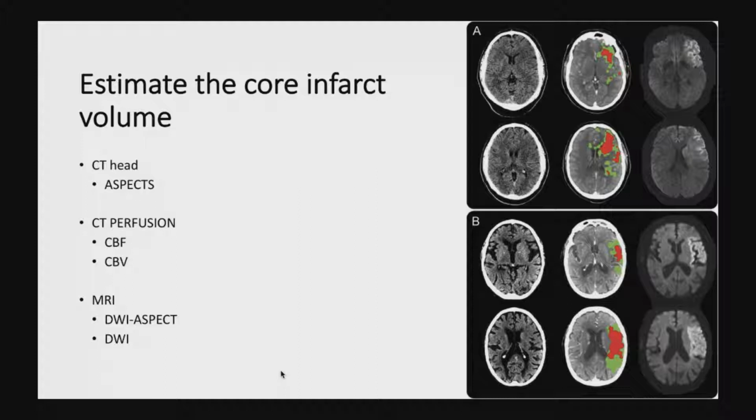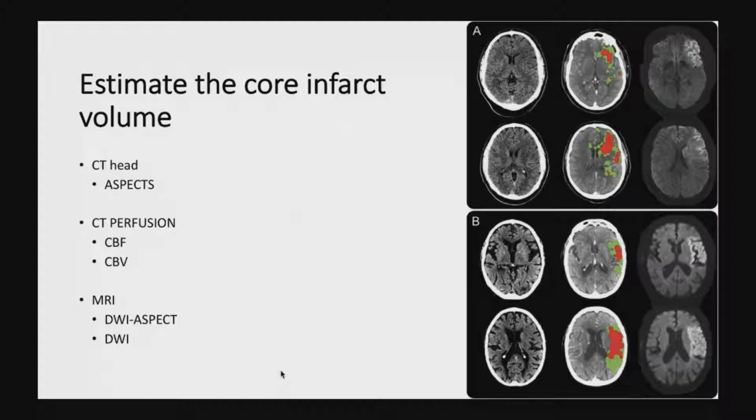Now, the ASPECT score is pretty much what we call a poor man's MRI. This is a scoring system that was developed in Canada, I guess because they don't have MRI readily available like we have it here, so the next thing that they could do was to get better at non-contrast head CT.